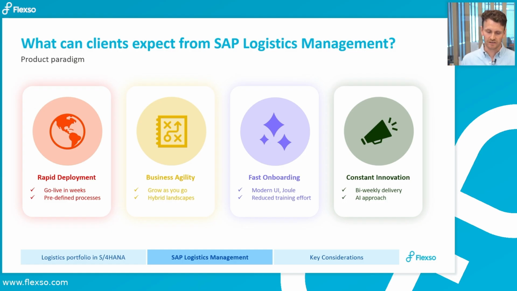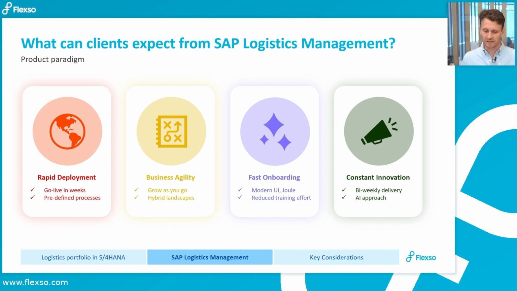SAP says go live in weeks, not months. So it's really focused on getting things done very agile, very quick. You have predefined processes, you have configuration aspects that are put in Fiori applications, so it goes quite quick. Peter did set up our demo system as a functional consultant in only a few days. So it goes really quick.